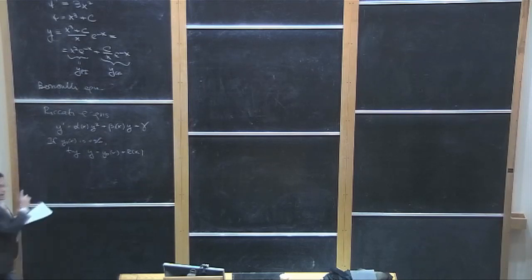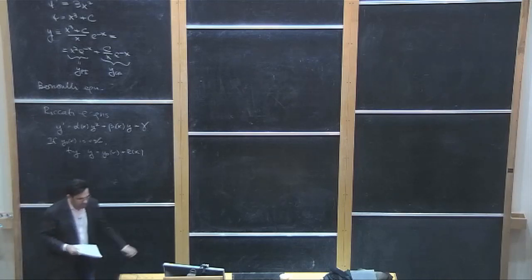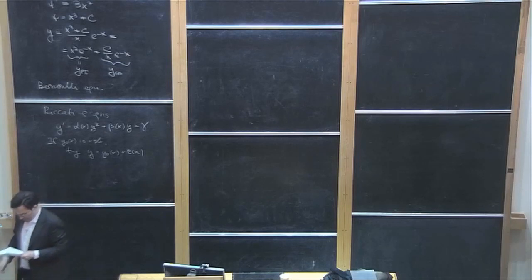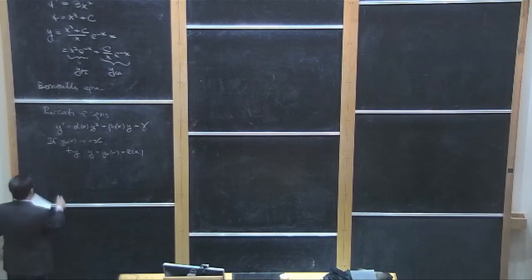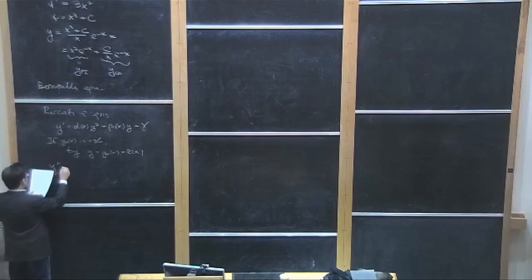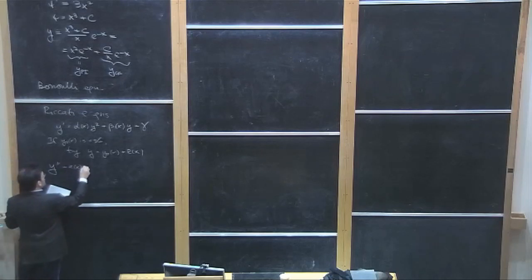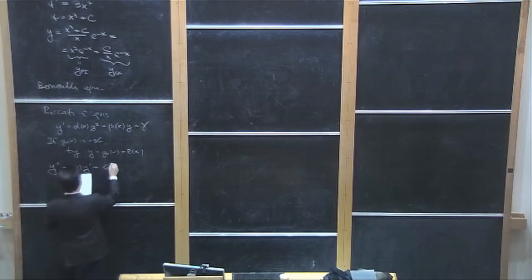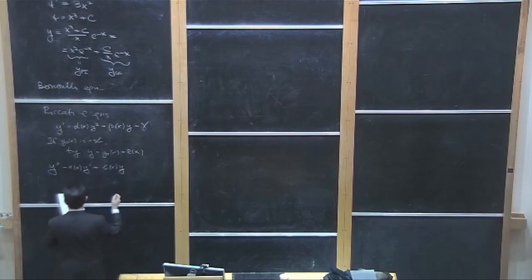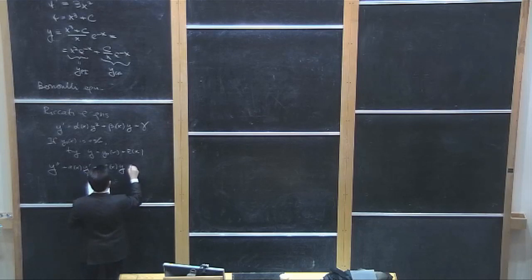Now, an interesting feature of Riccati's equations is that, in fact, they are second-order linear differential equations in disguise. So they look nonlinear, right? But in fact, if I write this equation ... equals f of x.